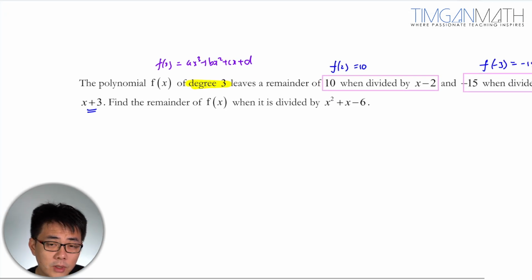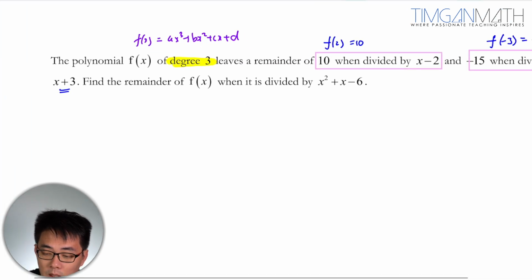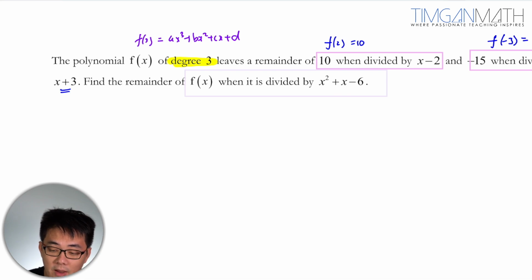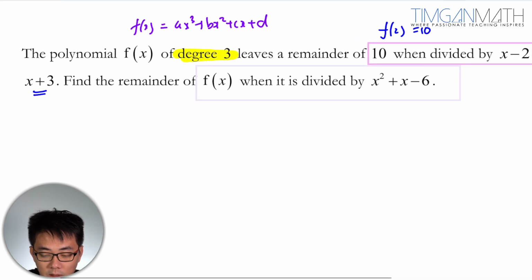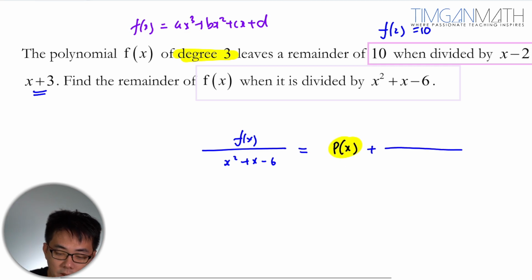Now the next question they ask is what would the remainder be when it's divided by x squared plus x minus 6. So in other words, if f(x) is of degree 3 and I divide this by x squared plus x minus 6, what would happen is that this will leave a polynomial quotient.